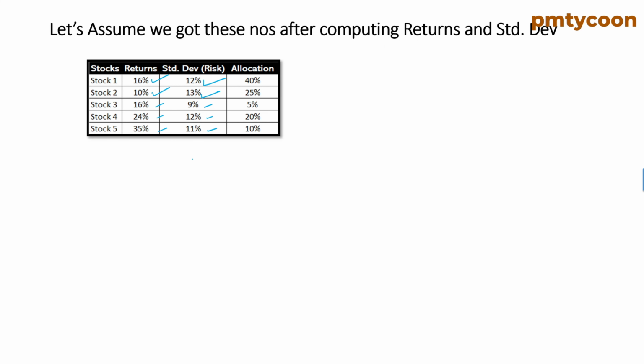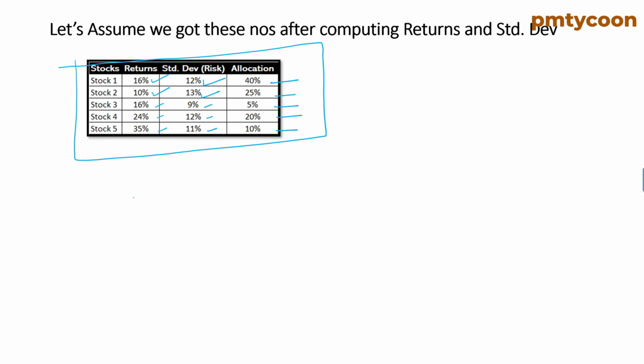I would use standard deviation and risk interchangeably since they both mean the same. Okay. Now, we've said we are going to allocate 40% for stock 1, 25% for stock 2, 5% for stock 3, 20% for stock 4, and 10% for stock 5. Now, using these numbers, we can easily calculate the returns and the risk for a portfolio.